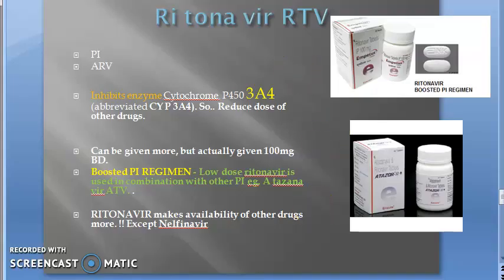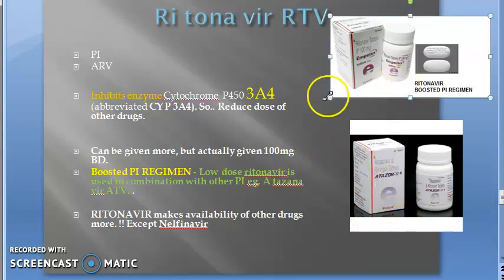So it increases the concentration of other drugs. Hence, low-dose ritonavir is given with other PIs, for example atazanavir, so that the concentration of the other drugs becomes more. Also remember, it is not given with nelfinavir because it cannot increase the concentration of nelfinavir. Very good.